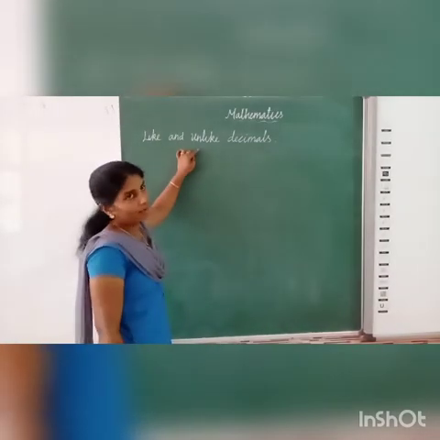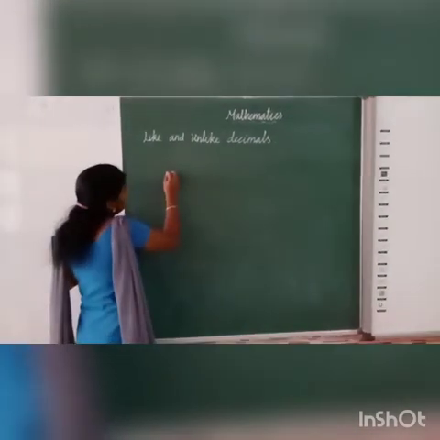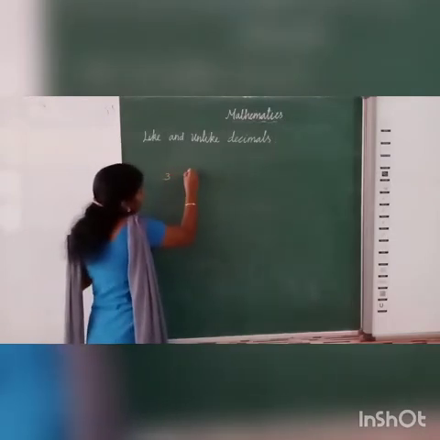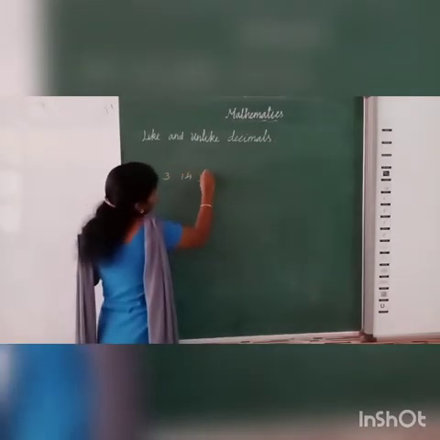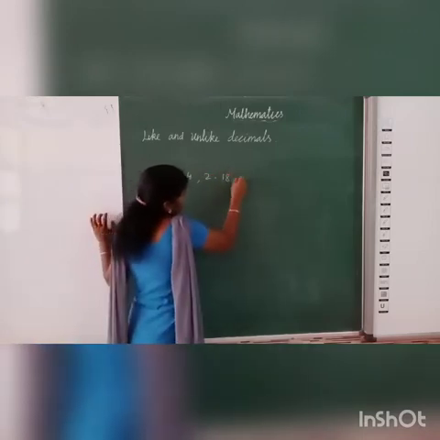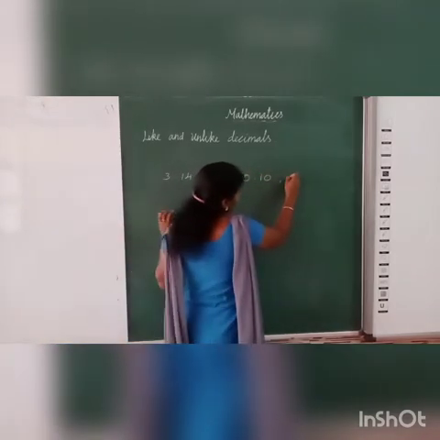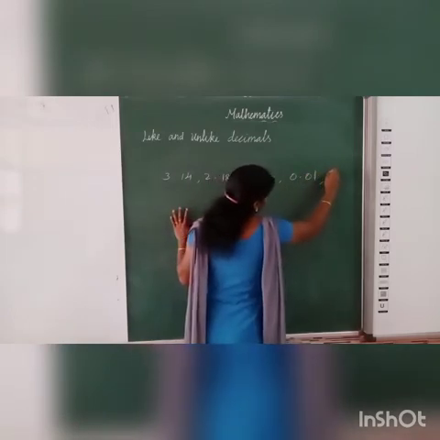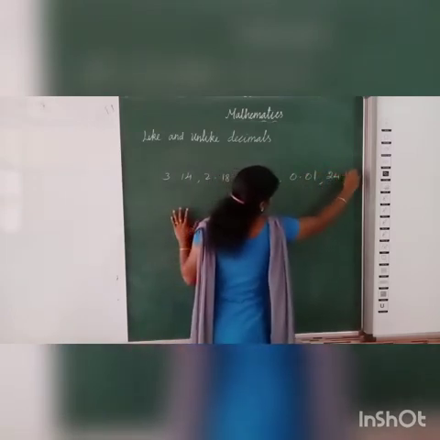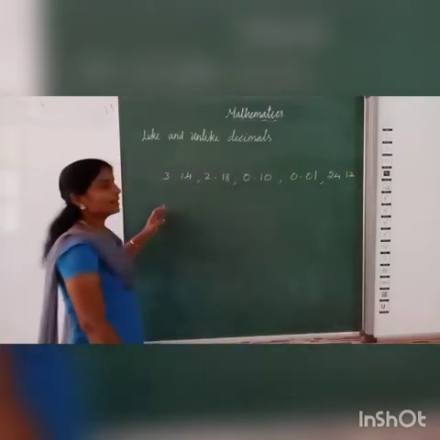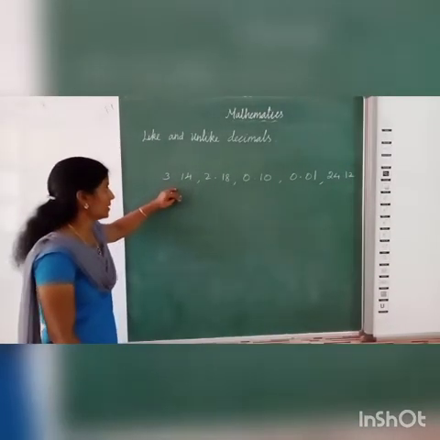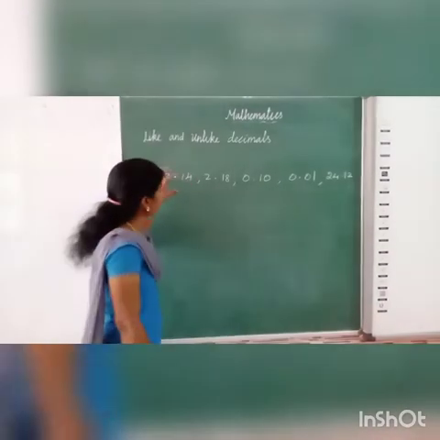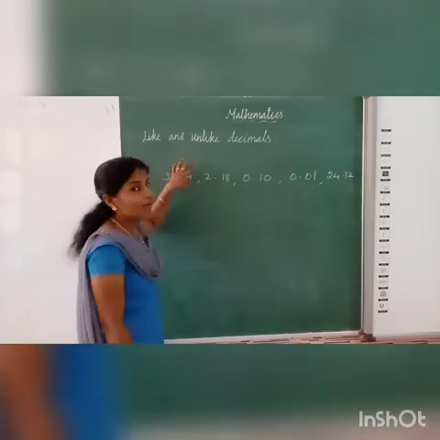Like and unlike decimals. What are like decimals? If we have decimal numbers like 3.14, 2.18, 0.10, 0.01, then 24.12. Now listen, here we have some decimal numbers. After the decimal point, we can see the decimal part.